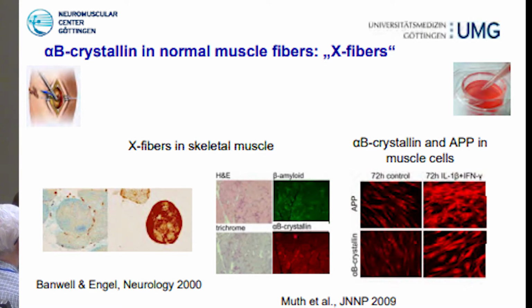But we would propose that this is the first step, and then we will have ultimately the protein aggregation. Using our cell culture model with interferon gamma and IL-1 beta, we could see that, at least in cell culture, these cells develop a similar cell stress response with upregulation of alpha-B crystallin, and then a secondary accumulation of amyloid.